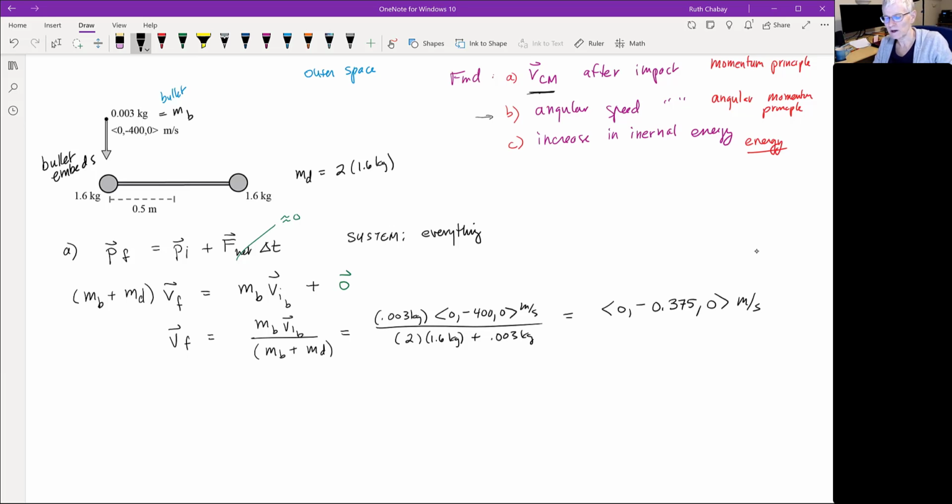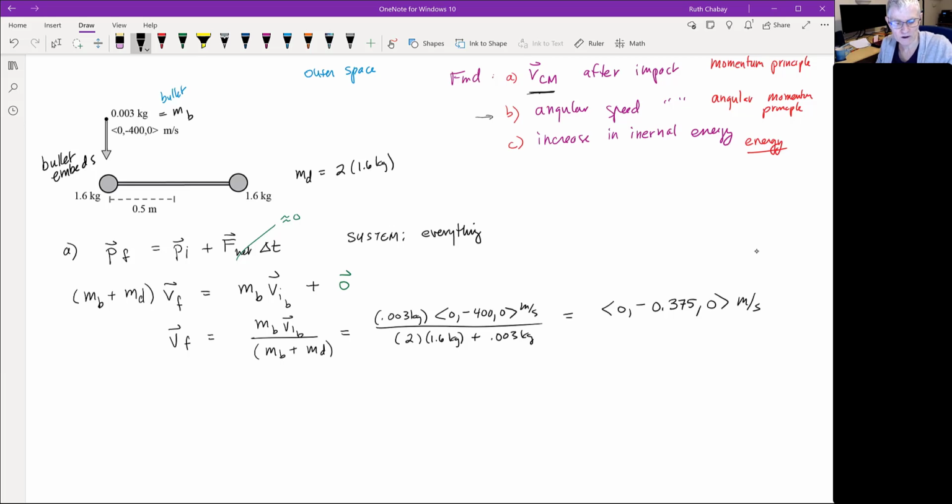So we go back and think about it. This means that what happened to this thing is when the bullet hits, it starts to rotate, of course, which we haven't accounted for yet. But it also now has momentum equal to the momentum of the bullet before it hit this thing. So it's not only rotating, it's also moving apparently fairly slowly in the minus y direction.